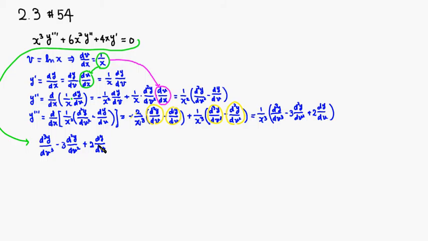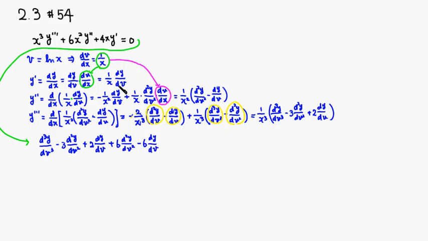Right, then we plug in the second double prime, so x squared cancels out, so you have a 6 times those guys, so it's going to be plus 6 times second derivative of y with respect to v, and a minus, because of the negative sign here, 6 dy over dv, right?